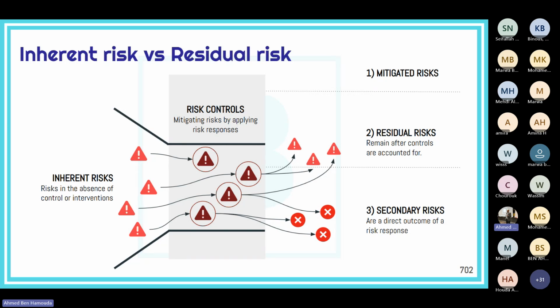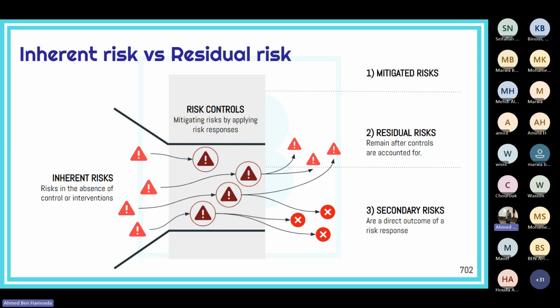Okay, and those secondary risks we will record in the risk register, and then follow the process by evaluating or analyzing them, and then if they are high risks, then we can implement some response plans. So secondary risks are like new risks, but they come from the risk controls directly, okay, and not from the identification process.